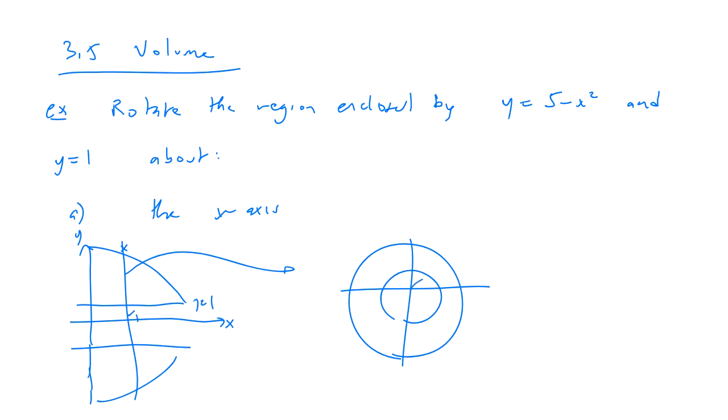And you can see R1 is just the distance from the x-axis to the bottom of the figure. And R2 will be the distance from the x-axis to the top of the curve.